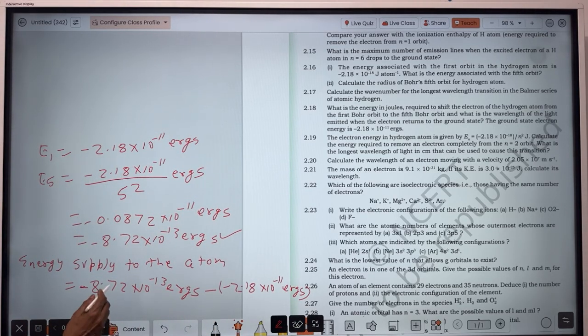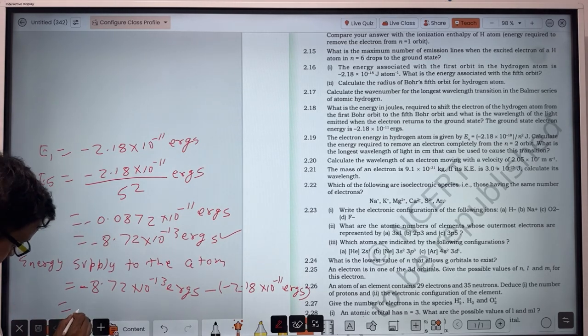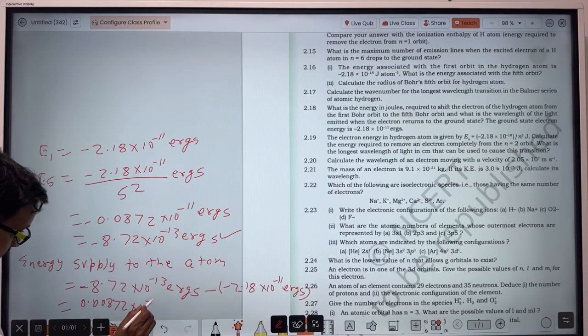So 11 here, so you make it into 10 power 13, so 872. No, that will be 0.00872 into 10 power minus 11 ergs.